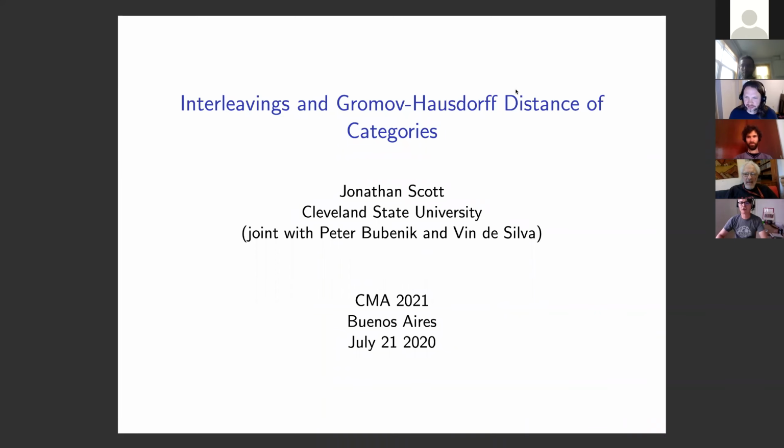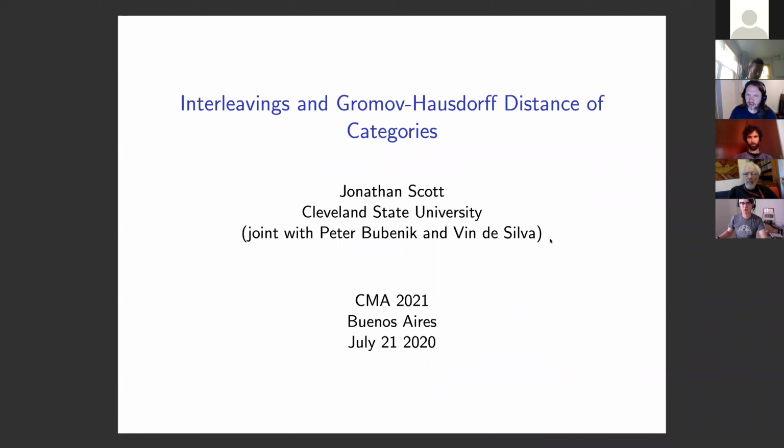So what I'm going to be talking about today is how trying to put some objects studied in topological data analysis into the greater perspective of category theory led us to realize that some common constructions are actually instances of things that are more universal, that already exist in other settings, and have a common generalization, which is pretty cool.